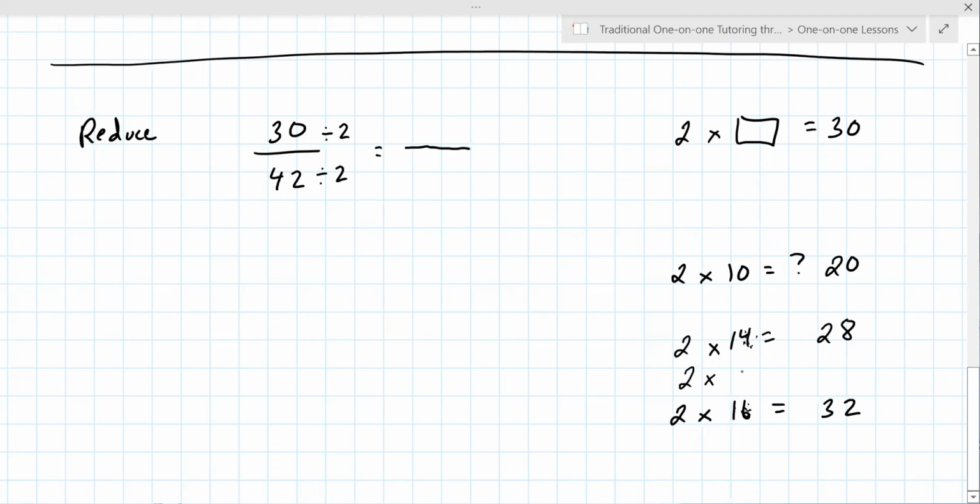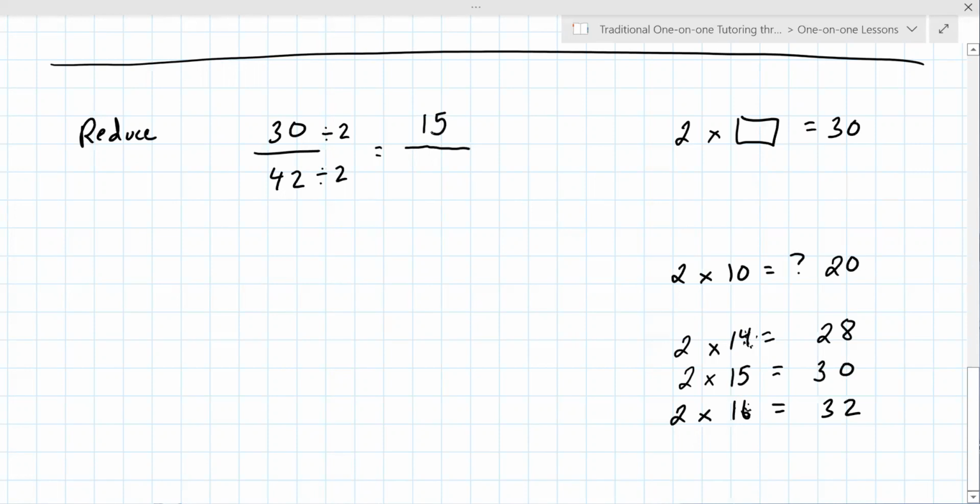Between means it can't be the endpoints. It has to be something in the middle. 15. Okay, so 2 times 15 is 30. So there's the number, 15.